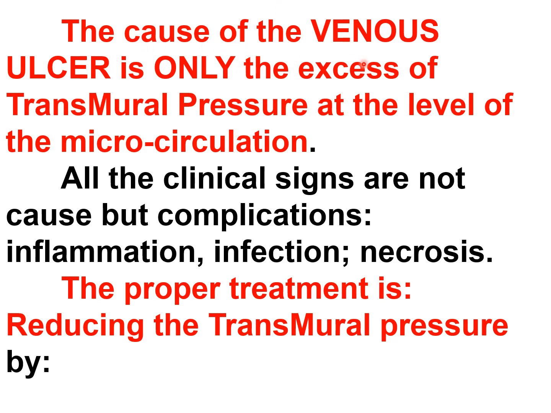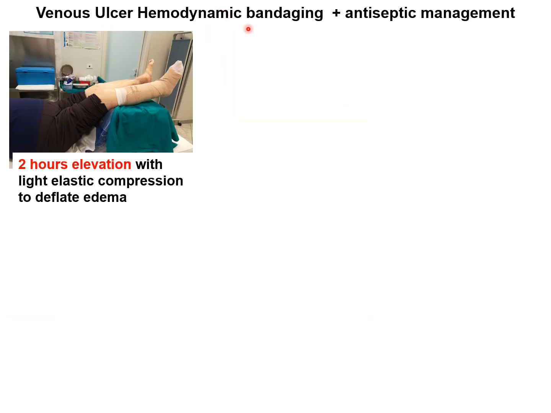The cause of the venous ulcer is only the excess of transmural pressure at the level of the microcirculation. All the clinical signs are not cause but complications: inflammation, infection, necrosis. The proper treatment is reducing the transmural pressure by association of hemodynamic bandaging and antiseptic management. Hemodynamic treatment is first of all 2 hours of elevation with light elastic compression to deflate edema.